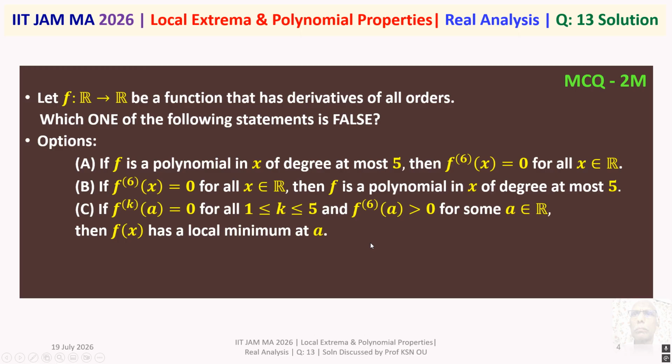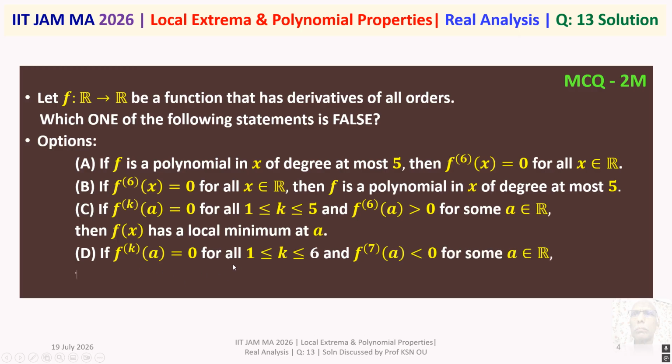Option D: if the kth derivative of f at a is 0 for k equal to 1, 2, 3, 4, 5, 6, and the seventh derivative of f at a is negative for some a belongs to R, then f of x has a local maximum at a.